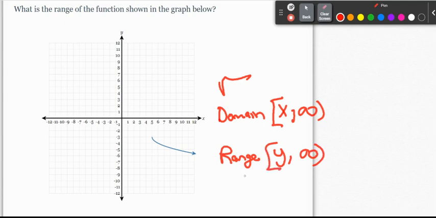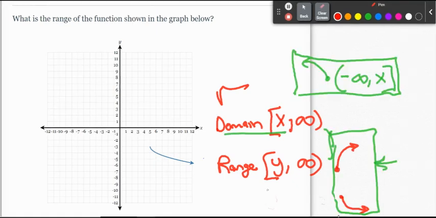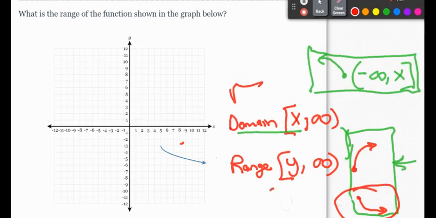Or that would be if it was a positive going up one like that. Or when you're going in this one here, you hit negative infinity first, is what you say, comma, whatever the y value is with a bracket. It's got to go lowest to high. So fix and put that in your notes.